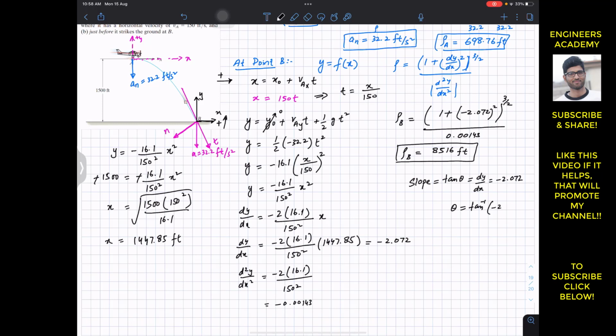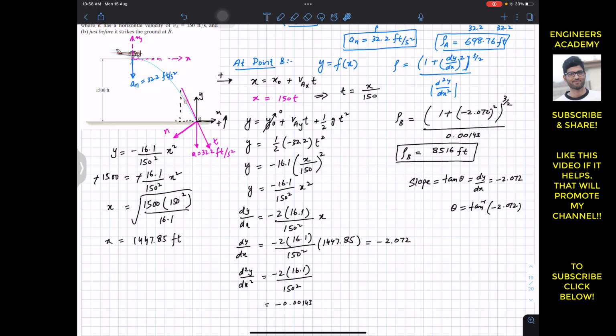of minus 2.072. Now what is dy by dx? If I make a triangle here, if we consider this triangle, so this is dy and this is dx and this is theta. So tan theta is dy by dx, right?